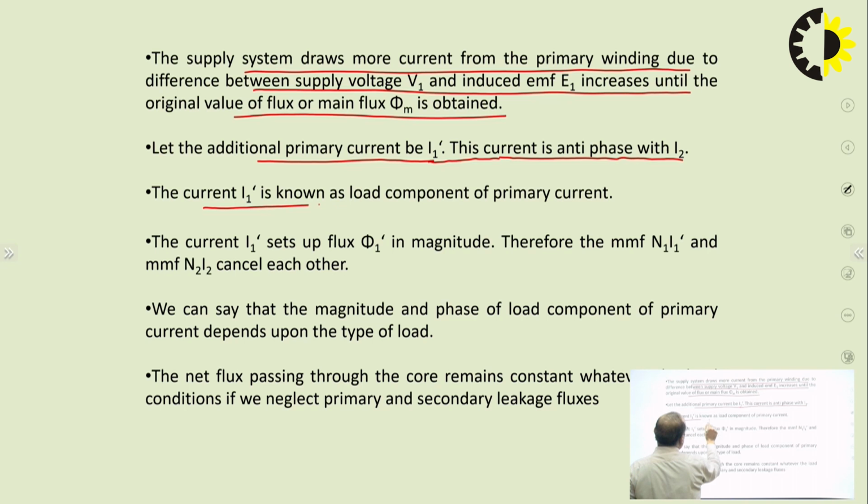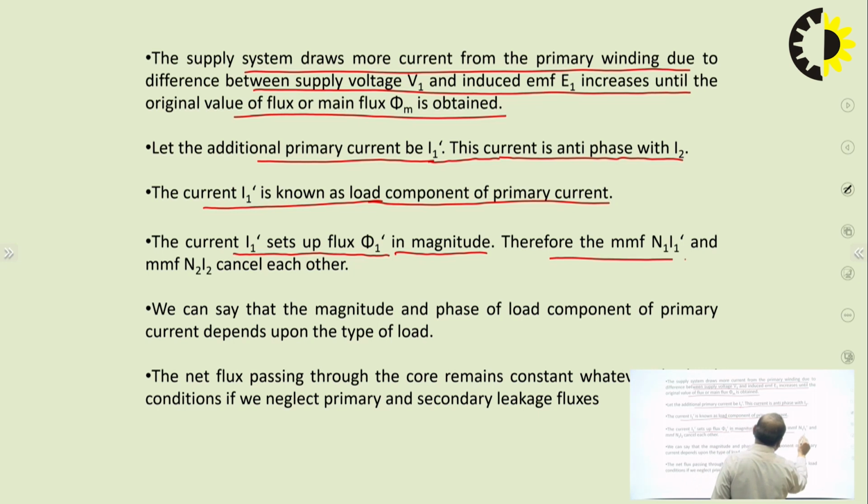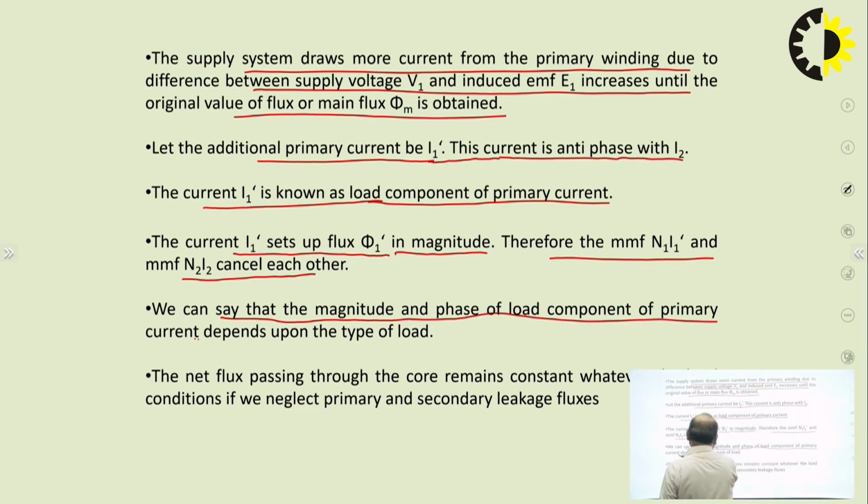Current I1 dash is known as the load component of primary current. It sets up its own flux phi 1 dash, and therefore MMF N1 I1 dash and MMF N2 I2 and the flux due to them cancel out each other, and we can say that the magnitude and phase of the load component of primary current depend upon the type of load.